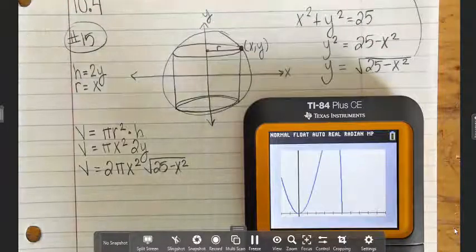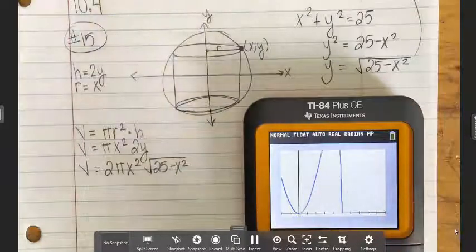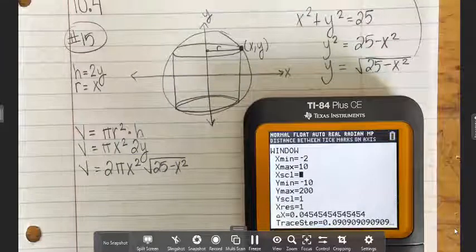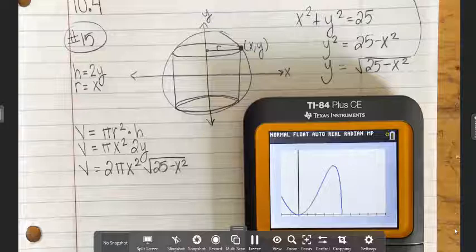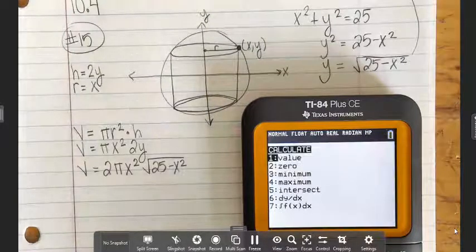Not quite high enough. I'm going to go a little bit higher then. So the max was probably going to be a little bit more over here, which would make sense why I didn't get such an accurate number there. Let's go 400 and see what happens. There we go. Okay, so now I'm going to calculate where my max is.